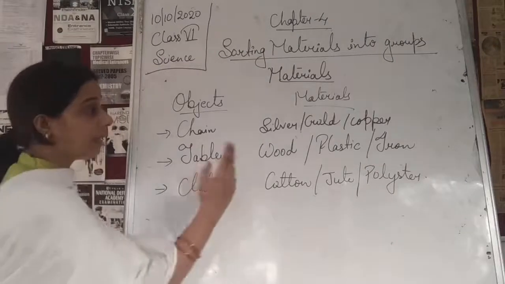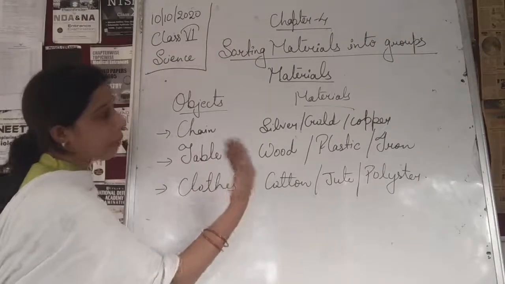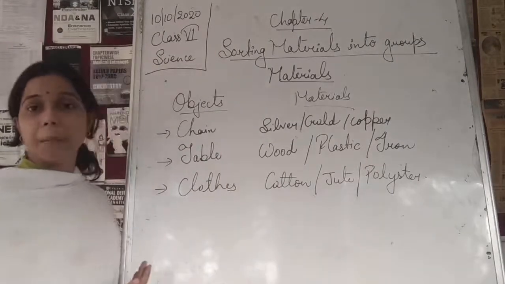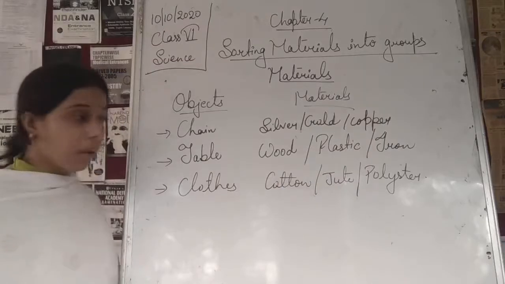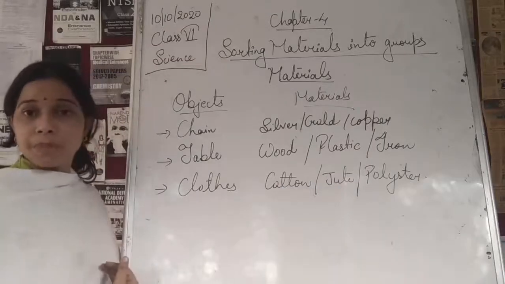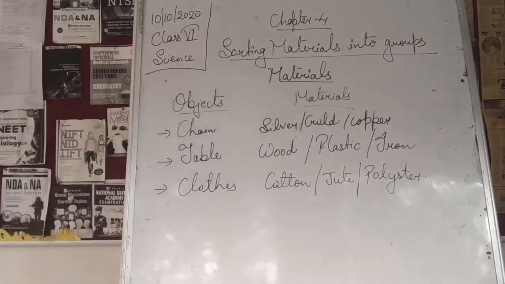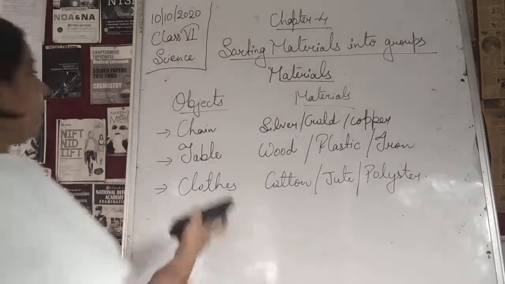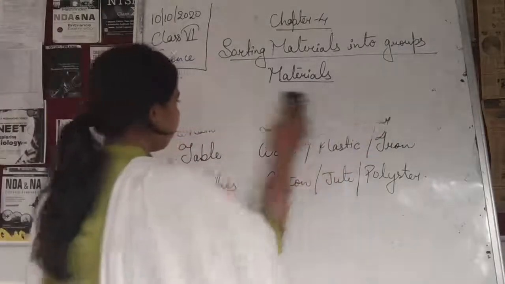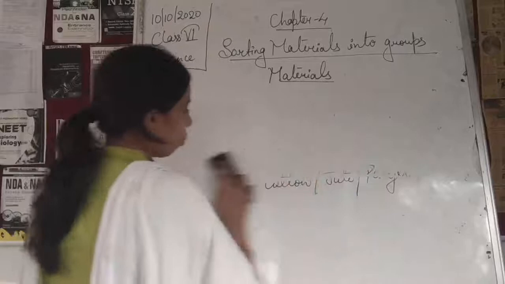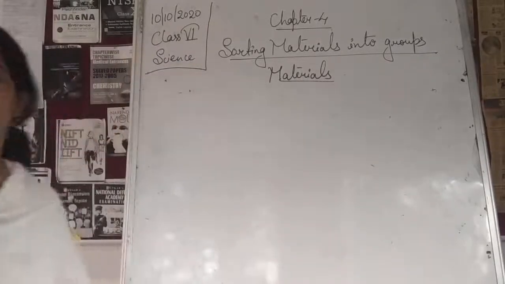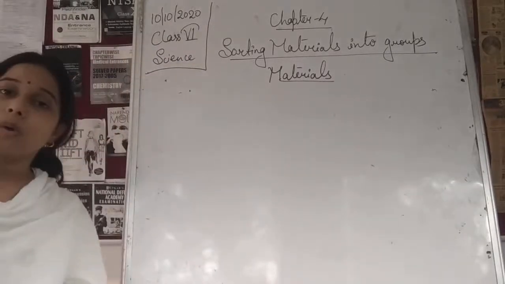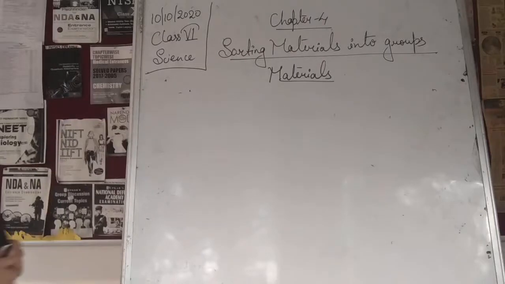Okay, so it can be made up of silver, it can be made up of gold, it can be made up of copper. Likewise here also. So the first thing that comes here, by this we can write, students, that one object can be made up of more than one type of material.